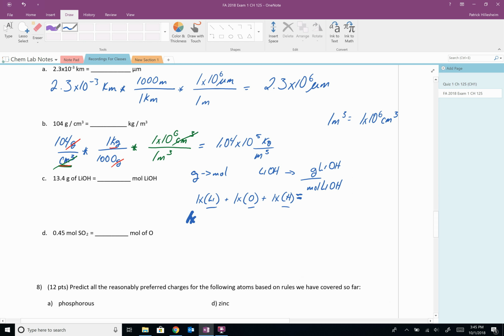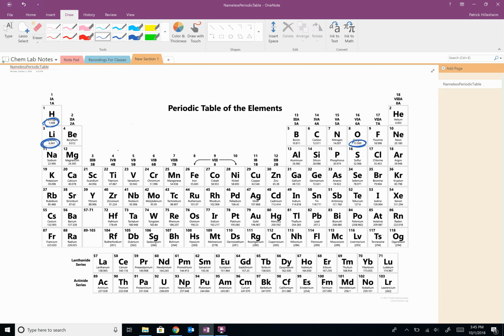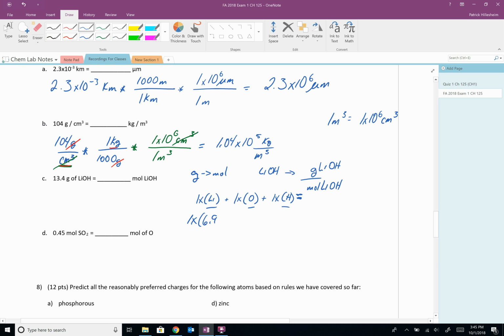So we do 1 times, got to switch back, 1 times 6.941. Let me double check. Okay. Plus 1 times 15.999 plus 1 times 1.008. So just those values that I circled.